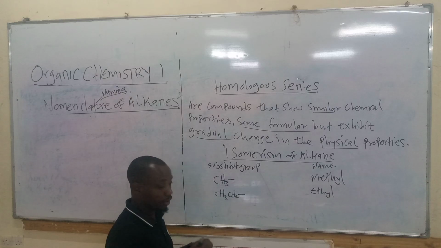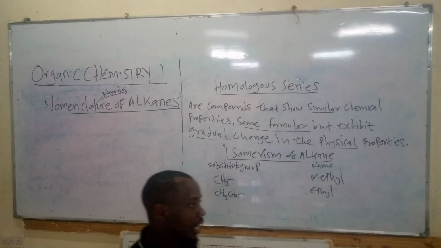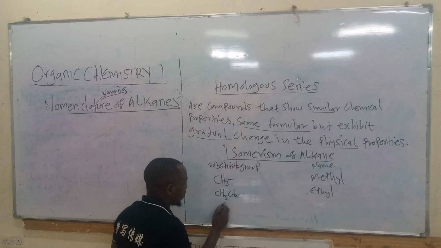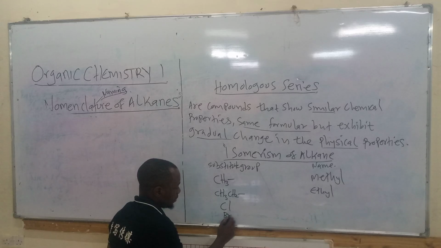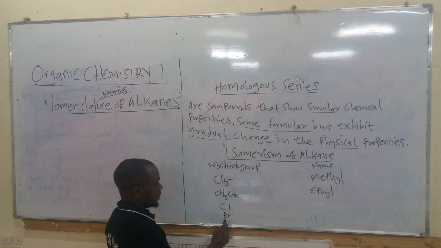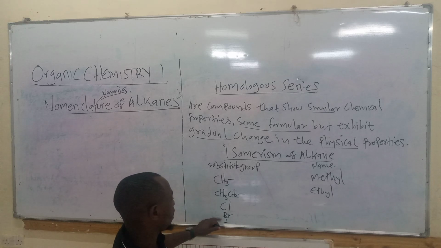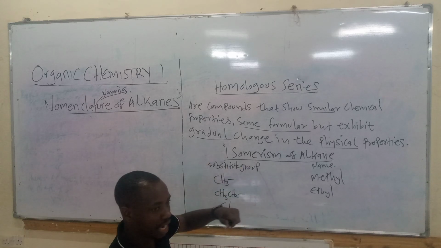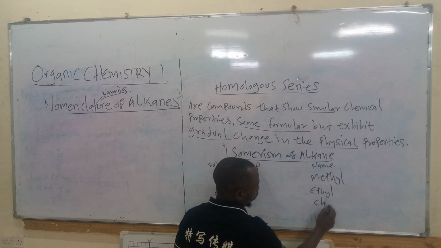Maybe you know that in Form 2 we learned about the halogens. Examples of halogens are chlorine, bromine, and iodine. Whenever we see these attached to any chain of hydrocarbon, chlorine becomes chloro.